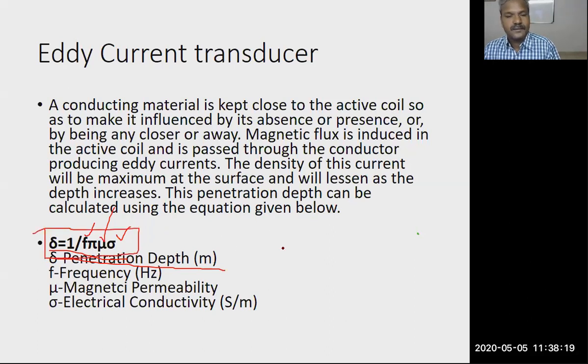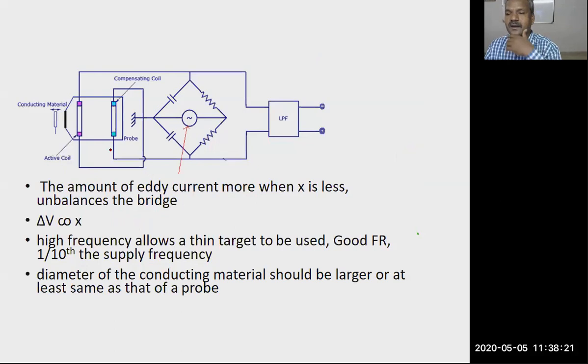Okay, so this is a simple eddy current transducer circuit. See, this is the active coil. This is the compensating coil or dummy coil or the balance coil. This coil is mainly for temperature compensation.